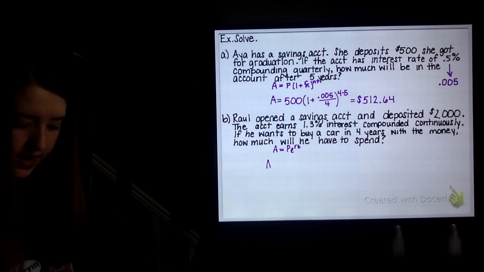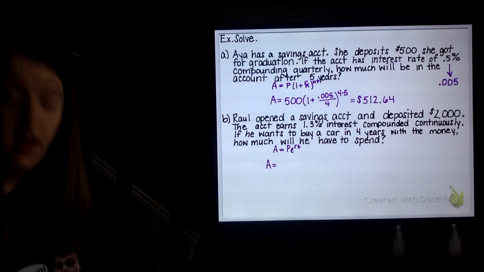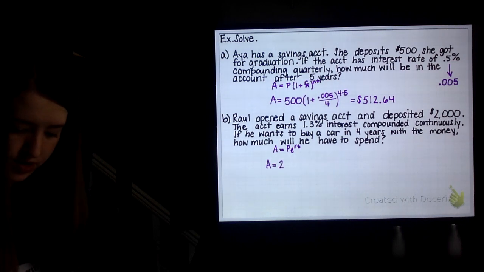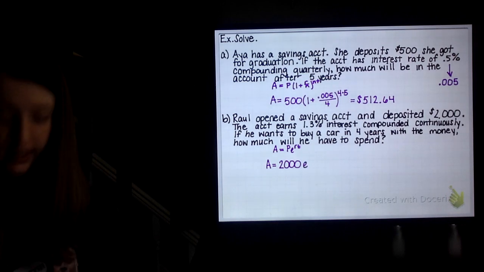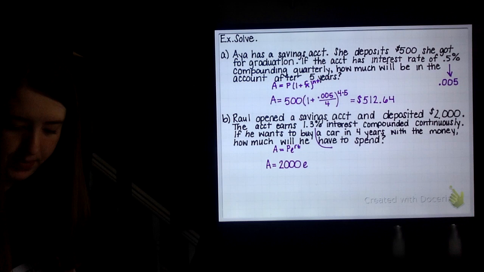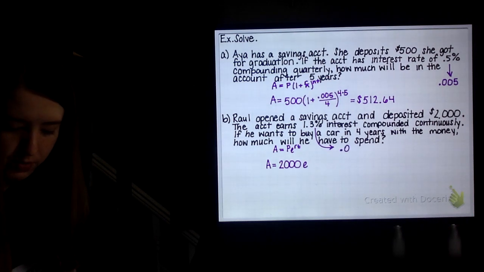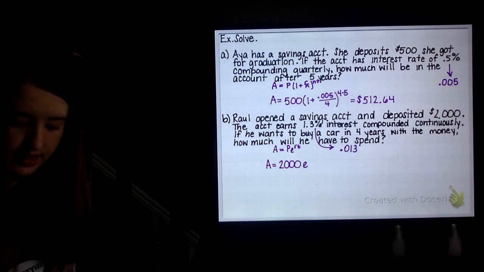All right, so I don't know how much will be in the account at the end, so I just have to leave that as A. I started with 2,000, that's how much he put in. E. My rate is 1.3%, so that means I have 0.013 for that as a decimal.